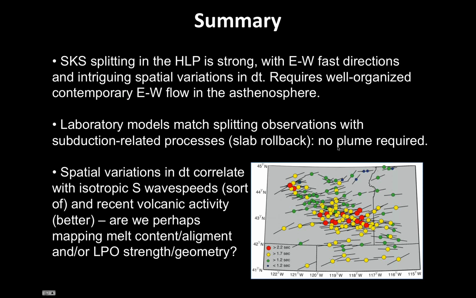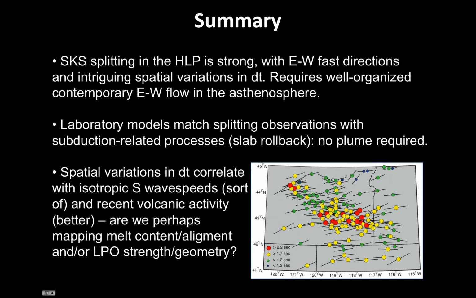So I'm going to wrap that up here, just to hit the high points, the takeaway points that I'd like you to take away from this. We see very strong SKS splitting in the HLP region, generally east-west fast directions, and this very intriguing spatial variation in delay time.